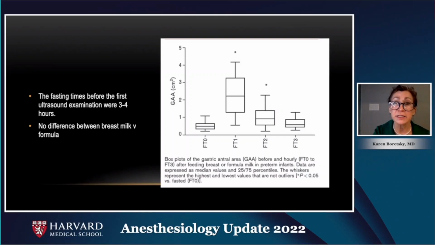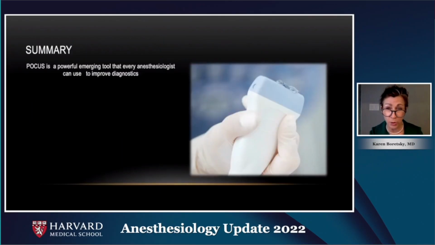Time equals 0 is right here. Within 3 to 4 hours, the patients had returned to their baseline resting status of empty stomachs, with no difference between breast milk and formula. So this is going to make it much easier for those babies on breast milk to be NPO for shorter amounts of time.